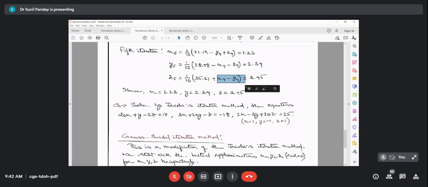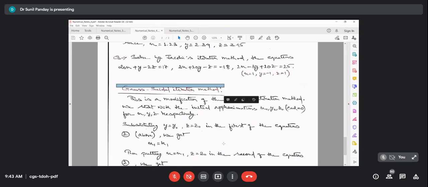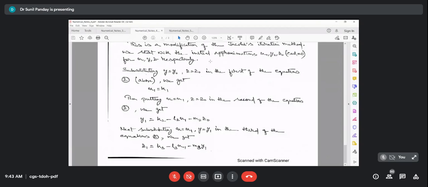Similarly, in Seidel we require x5 and y5 here. Due to this difference, you got 0 because you applied Jacobi when I told you to apply the Gauss-Seidel iteration method. Wait a minute, I will find the remaining part of this slide.